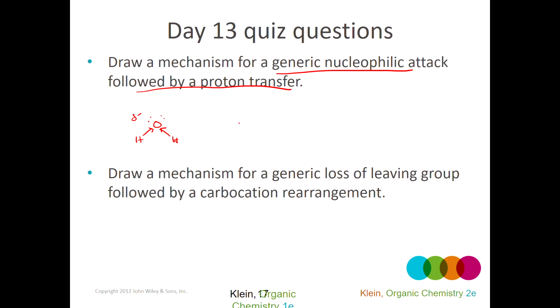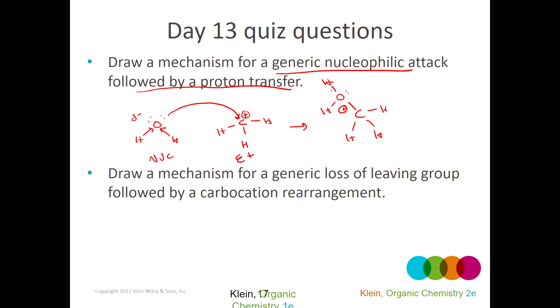So maybe I use my carbocation as my electrophile. The nucleophile can attack. Once it attacks, it's this arrow showing it forming a new bond there. So that would be the nucleophilic attack.